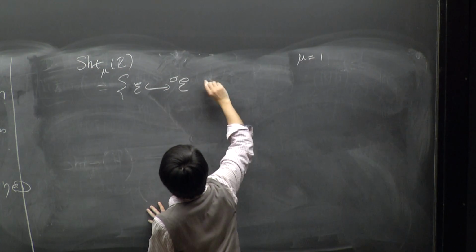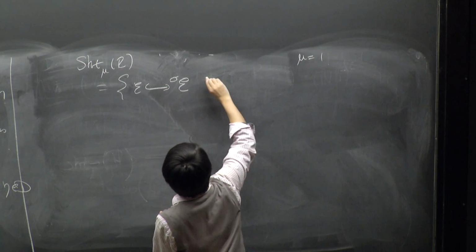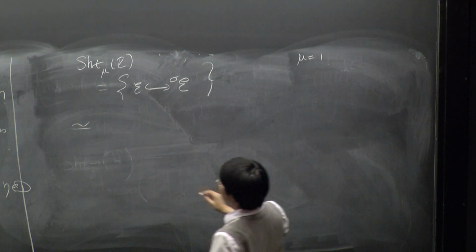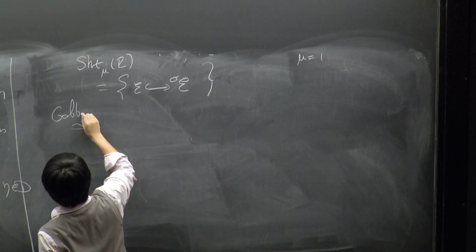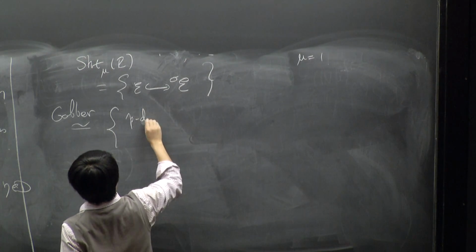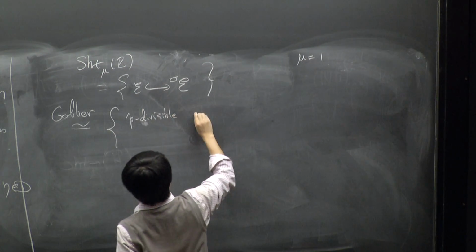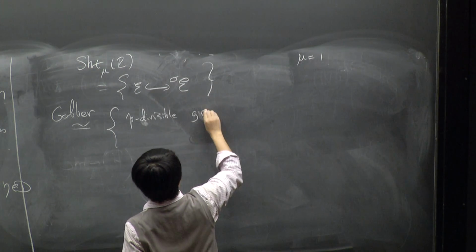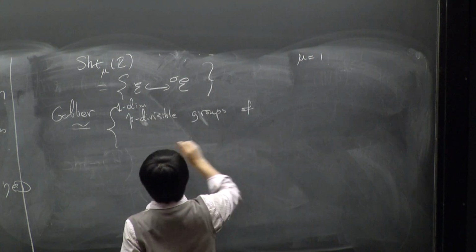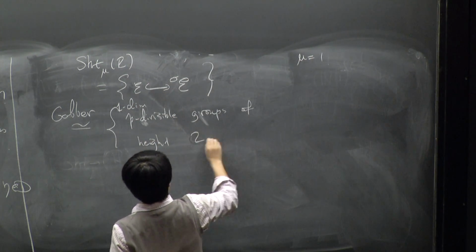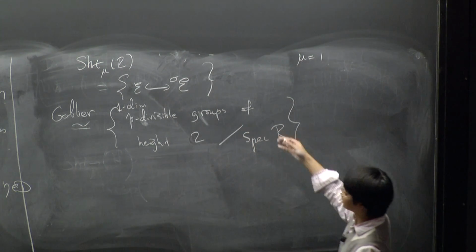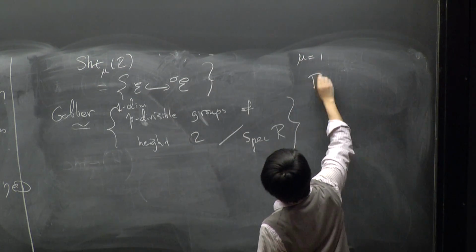It's a locally free sheaf of rank 1 on Spec R. Then this is, in fact, according to the result of Gaber, the same as one-dimensional p-divisible groups of height 2 over Spec R.